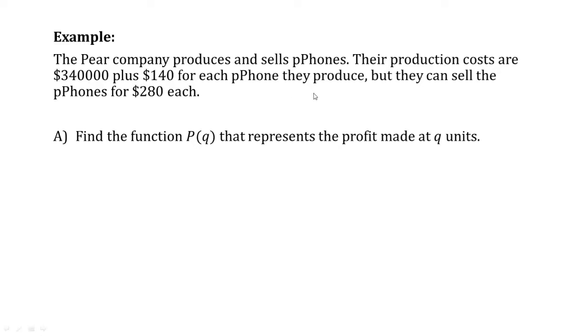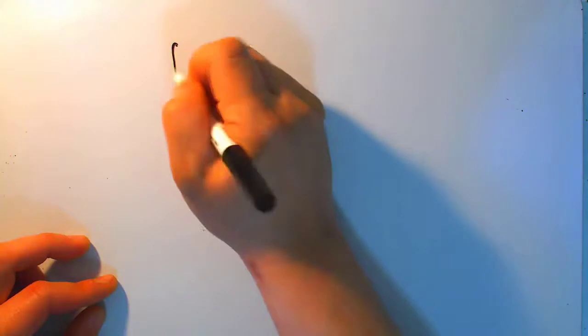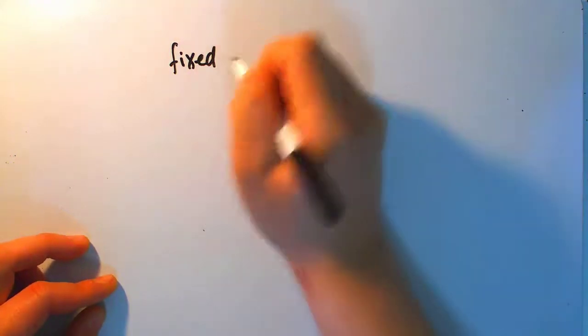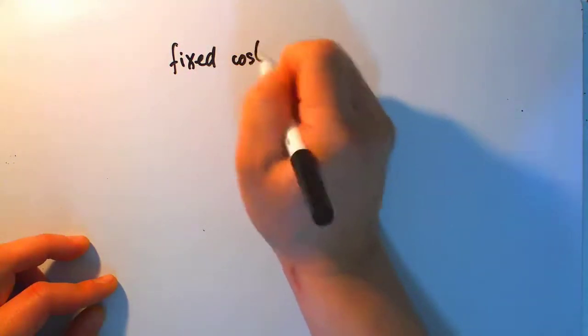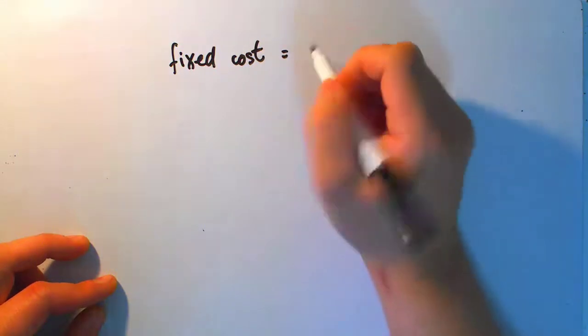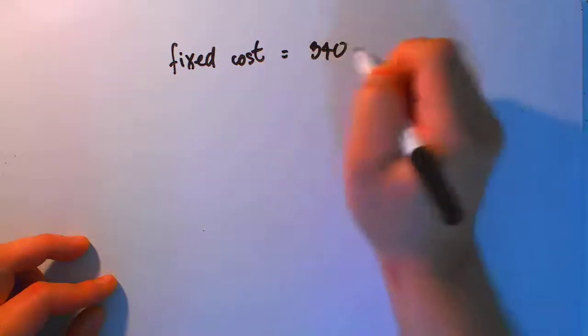So let's say that $340,000, the way it was described, is that they always have to pay that amount. And so we have already recognized that we have a fixed cost of $340,000.